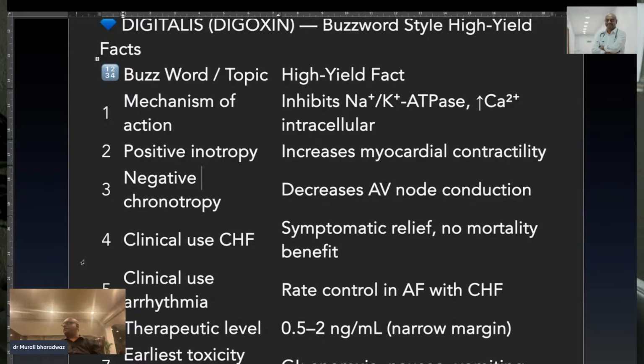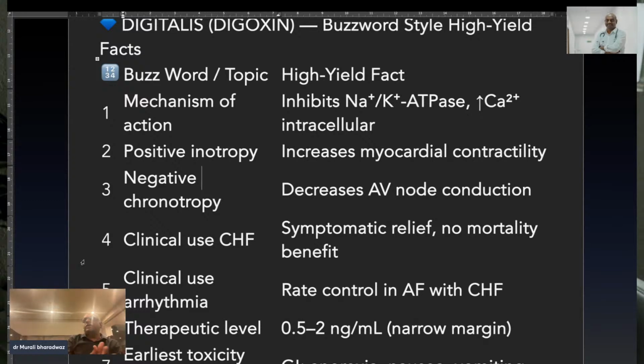Now, doctor, digitalis. Digitalis is a positive inotropic agent. How does it act? Sodium potassium ATPase pump inhibitor, which will increase the intracellular calcium. It won't let the calcium go out. And that will increase the myocardial contractility because of sarcoplasmic reticulum calcium-induced calcium release, and that calcium will cause actin and myosin to bind with each other.